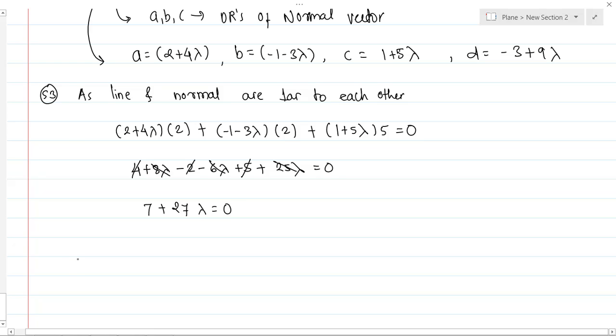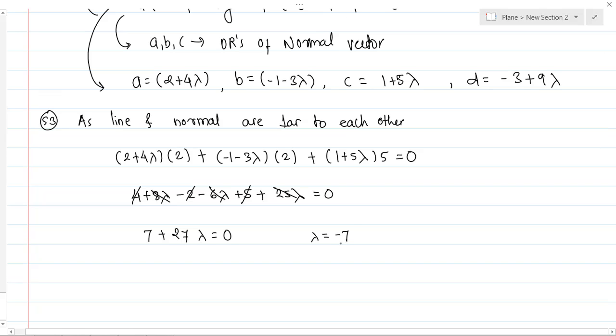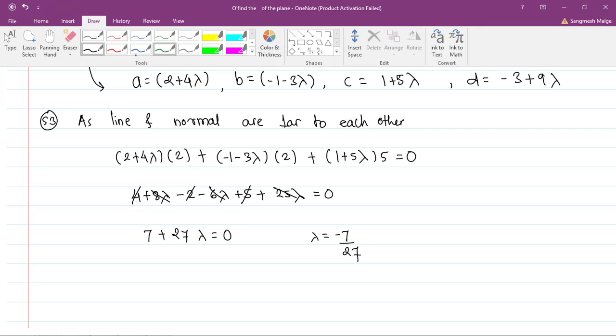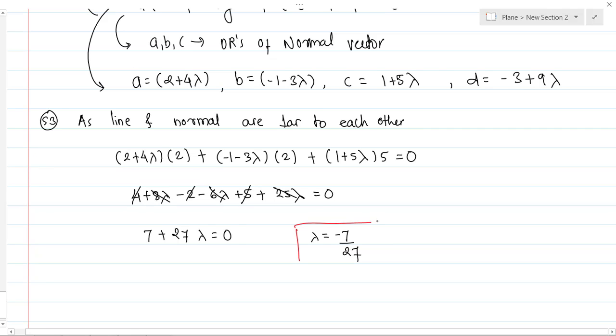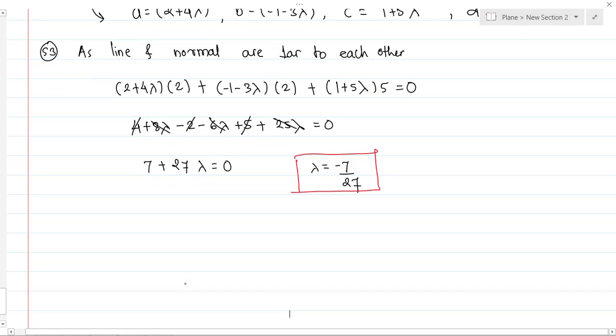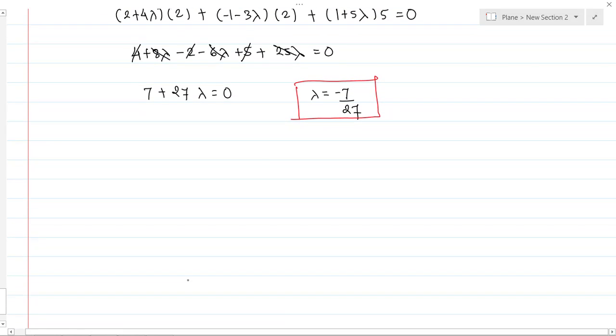From this, lambda is minus 7 by 27. Let's put it in a box. This is our achievement: lambda equals minus 7 by 27.